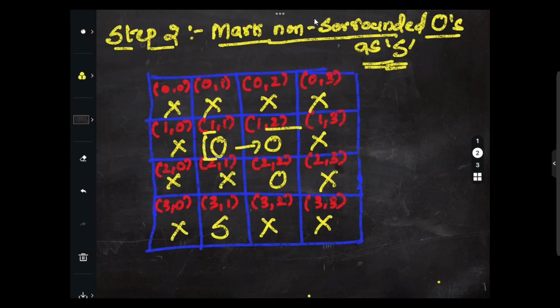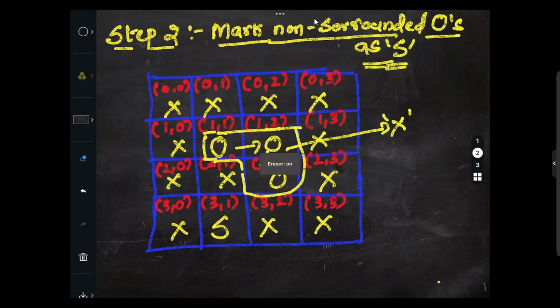Next we move right, we have 0, this one also we will consider. Further right we have x, so we will ignore this one. So we'll come down here. So we will consider 1 comma 1, 1 comma 2, and 2 comma 2. So these will all be converted to x. So this we have to keep in mind.